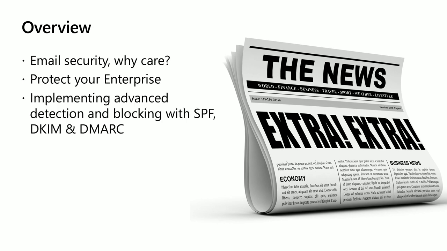And then, to make sure you have a holistic picture of everything you need to be considering to protect your email, we're also going to talk about some of the advanced detection options and blocking that you should be doing with all three of these: SPF, DKIM, and DMARC. Because what I tend to find in enterprises is you don't do them all.